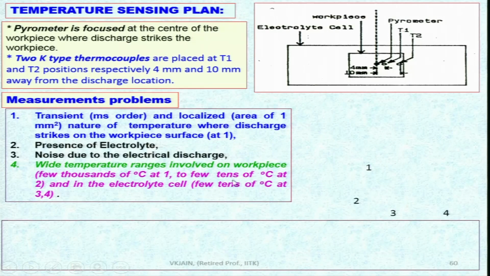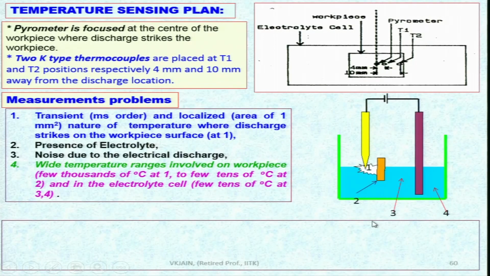Few tens of degree centigrade at 2. Now, you can see here this is the 2 and this is the 1, and in the electrolyte cell few tens of degree centigrade at 3 and 4, that is not shown over here. Here it will be shown.